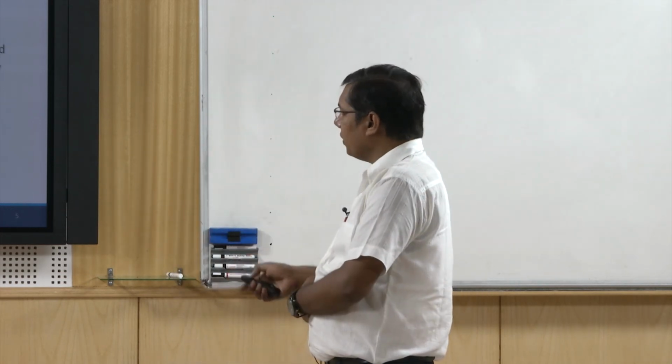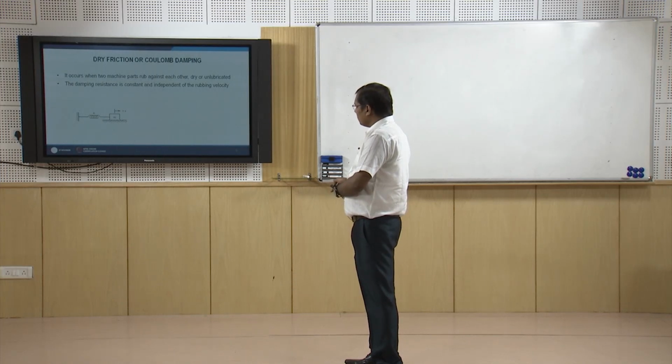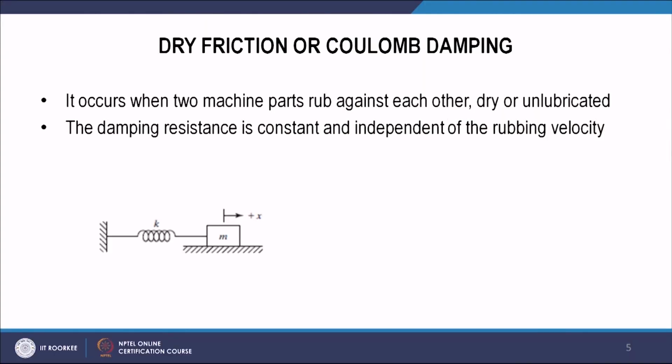Here we have a mass that may slide on the surface, and due to the friction between the two surfaces there is energy dissipation. This mechanism is called Coulomb damping.